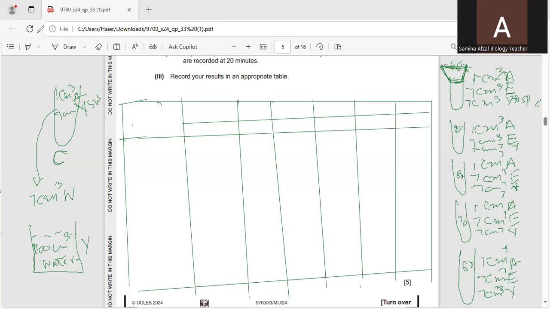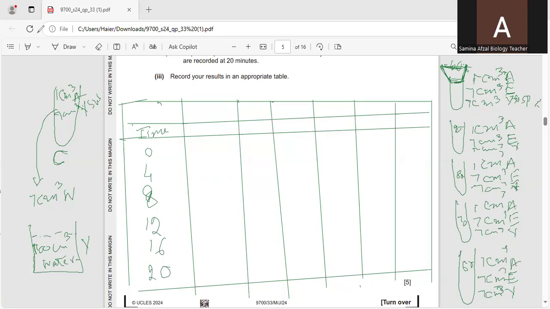on one side, we will write the time: 0, 4, 8, 12, 16, and 20.